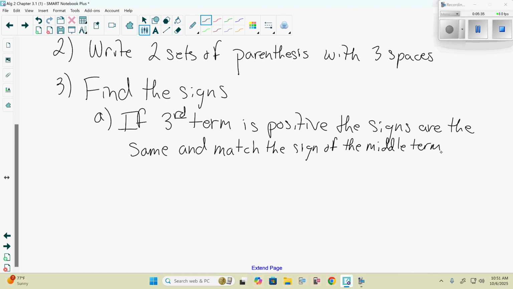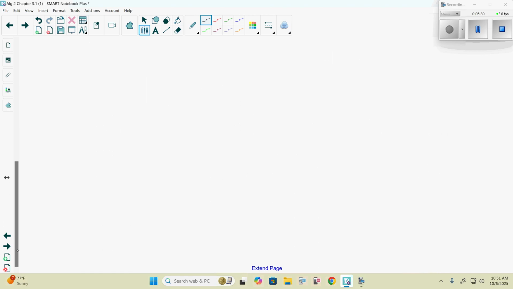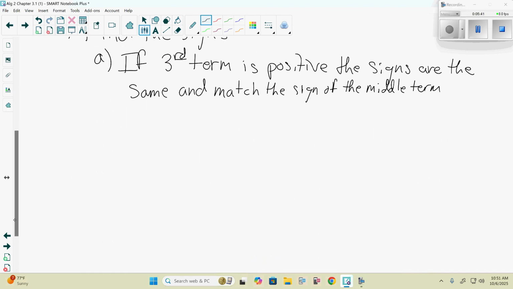Because the only way that we can get that third term to be positive is if the signs of the two factors are going to be the same. Because a negative times a negative is going to be a positive. A positive times a positive is still a positive. So if the third term is positive, the signs are the same and match the sign of the middle term.